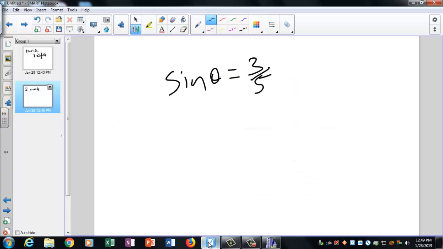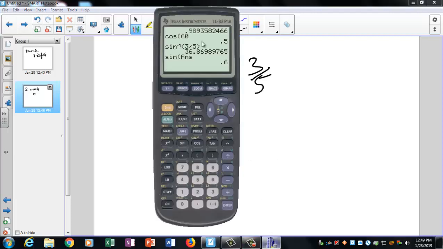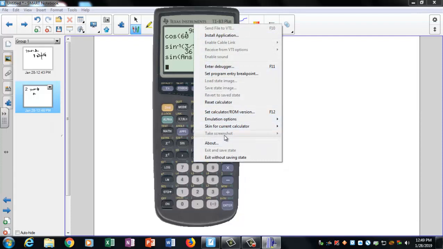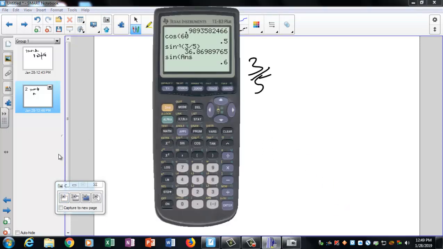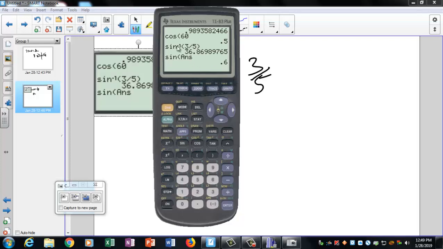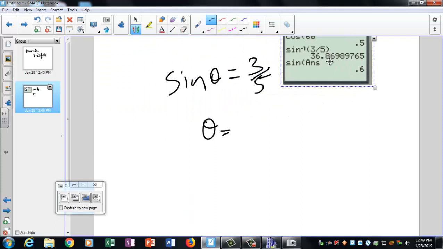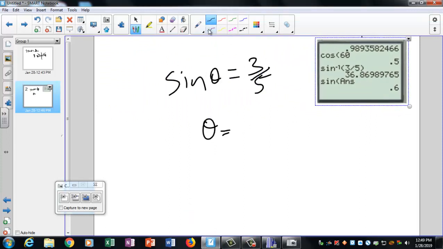So what I know is that I need theta to be equal to 36.87 degrees.